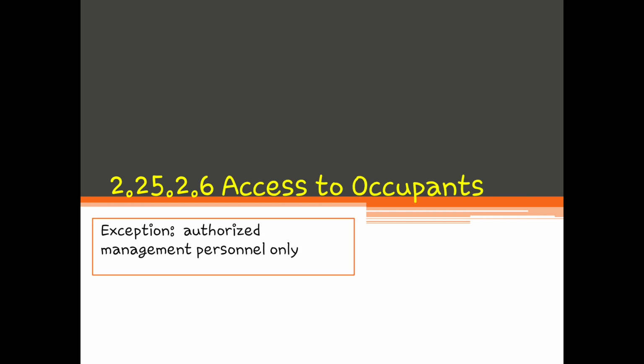So next is access to occupants. Sa mga multiple occupancy building, dapat ang mga occupants kay naa sila access sa mga supply disconnecting means. For example, in case of emergencies, pwede sila ang muadto didto dali-dali para mo shut in case of emergency and for the safety also.